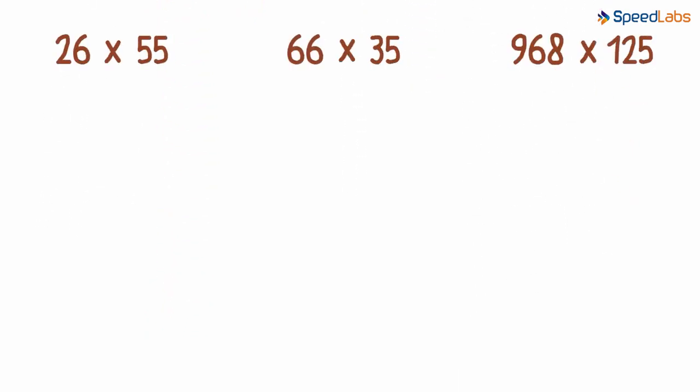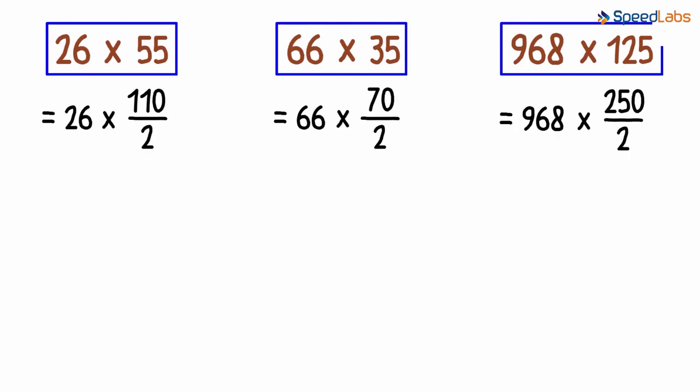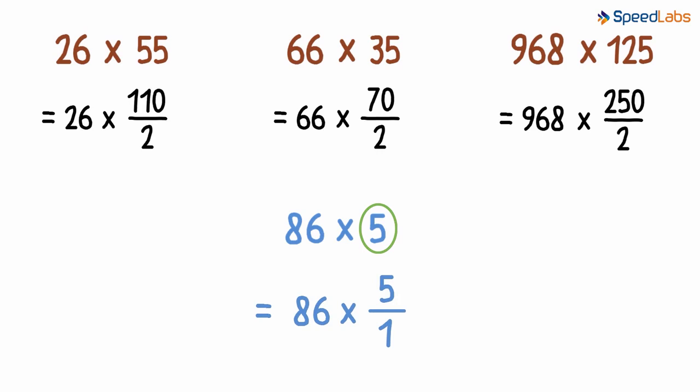For example, in all these problems, the multiples of 5 are written like this. The idea is great, but how exactly do we break all these multiples of 5? Well, we know that when nothing is in the denominator, we assume that it is 1. For example, here there is nothing in denominator of 5 and hence this can also be written as 5 over 1. Now we multiply both the numerator and the denominator with 2.